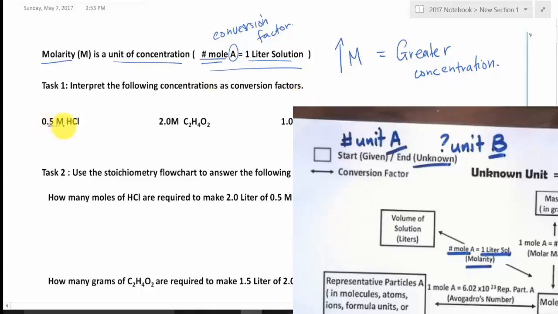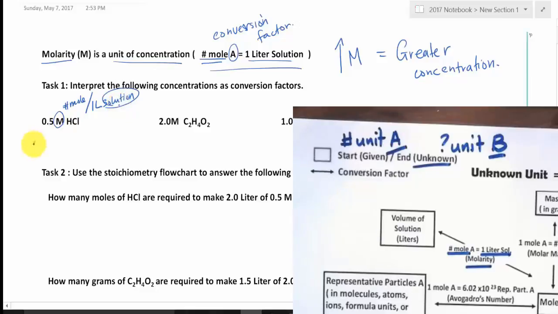So I have 0.5 molarity of HCl. How would I express it as a conversion factor? Think of molarity again as equal to the number of moles divided by 1 liter. The liter is of what? It's the liter of the solution, which includes HCl and water, and most solutions are basically just the substance plus water.